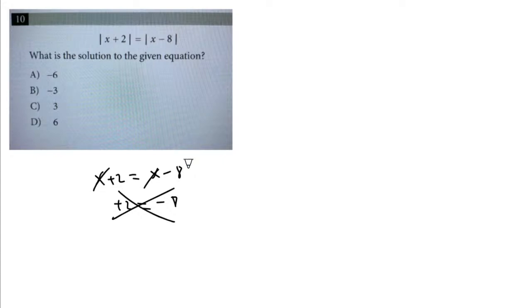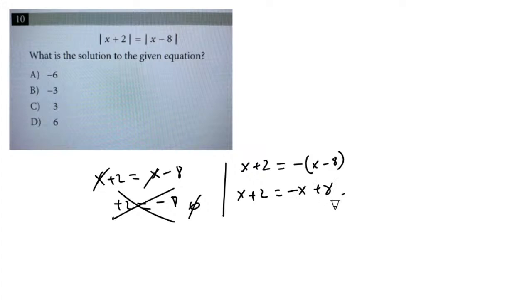And then, so we just took both of them as positive, and the other option should be taking one of them as negative. So x plus 2 equals minus x minus 8. So I find x plus 2 equals minus x plus 8. So I add x to both sides.